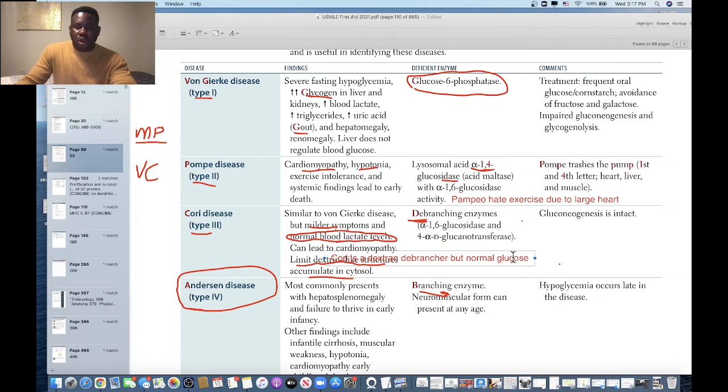Sometimes they'll tell you Cori has hypoglycemia, so just take note. As I said over here, sometimes they'll tell you it does not have hypoglycemia.